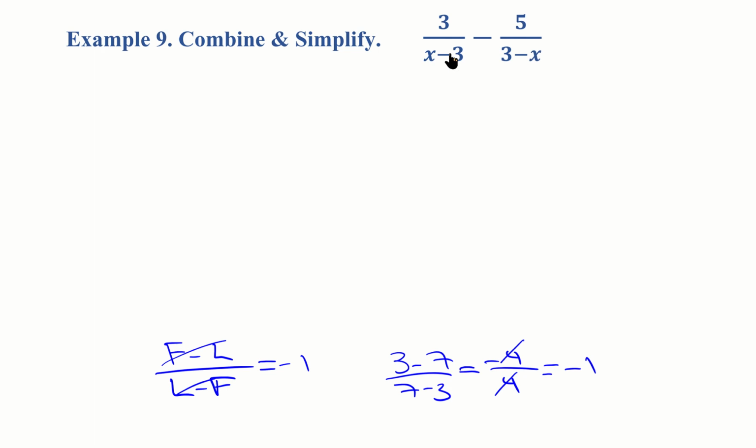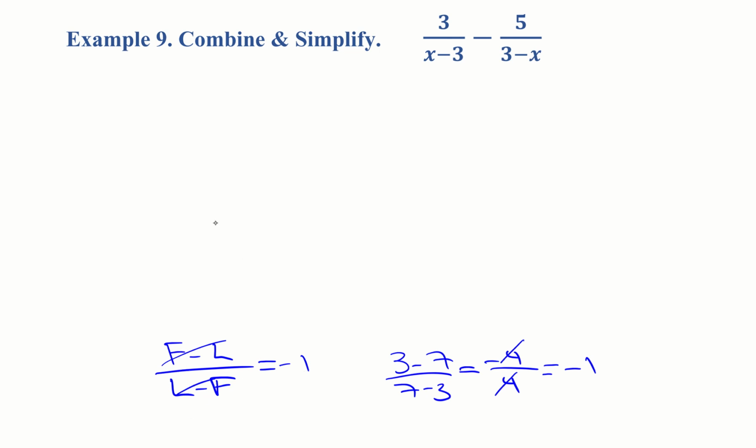When it comes to fractions like this, where we're trying to find an LCD, we're not going to need this fact. I wanted to remind you of this because of the work that we did in the previous video. But here, I need you to remember something else that we did when we were trying to prove this fact is true.